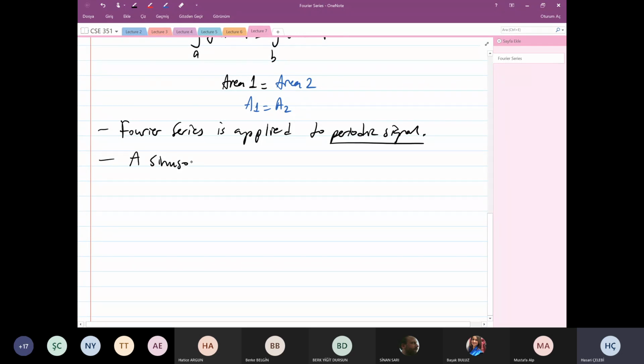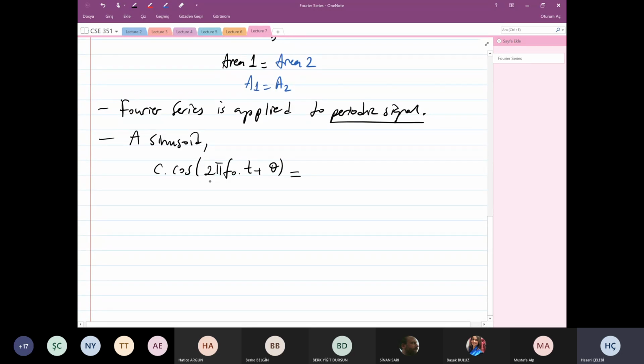Remember, a sinusoid from your high school math knowledge is given as follows: C times cosine 2 pi f0 times t plus theta. This is called the amplitude of the sinusoid. This f0 is called the frequency in hertz.